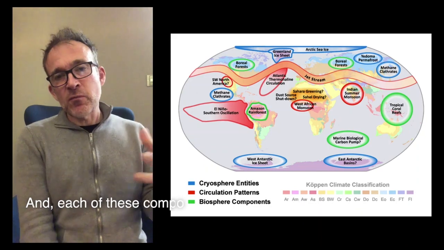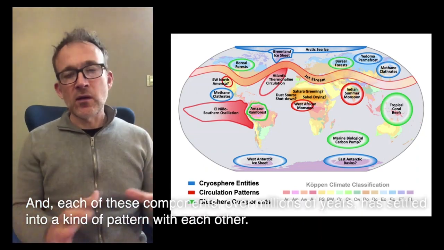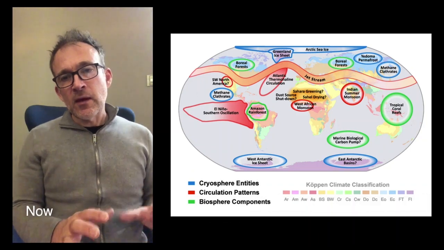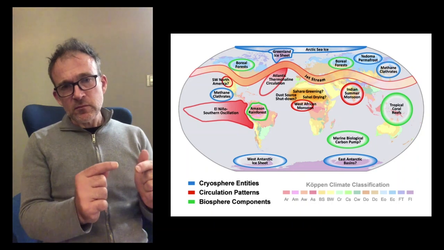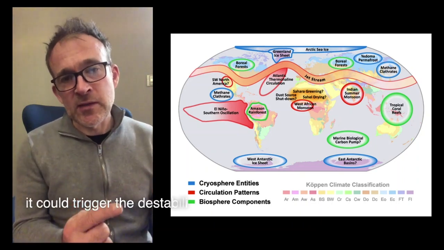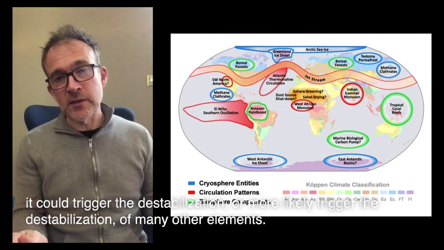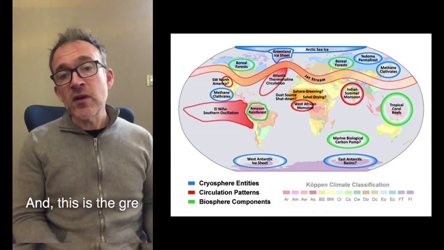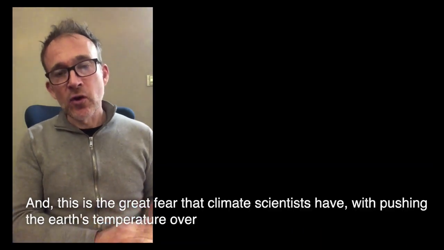And each of these components over millions of years has settled into a kind of pattern with each other. Now, if any one of those elements destabilizes, it could trigger the destabilization, or more likely trigger the destabilization of many other elements. And this is the great fear that climate scientists have with pushing the Earth's temperature over 2 degrees.